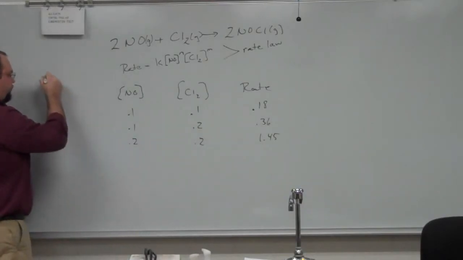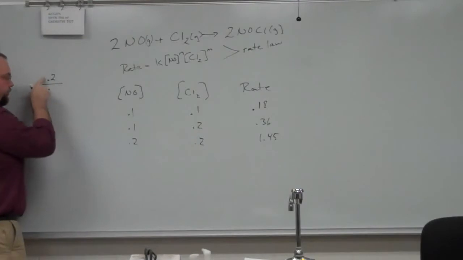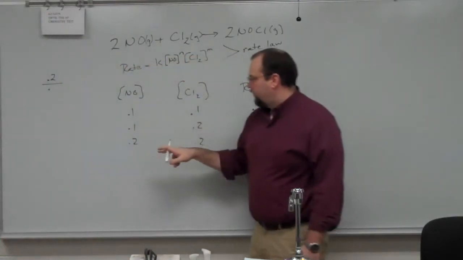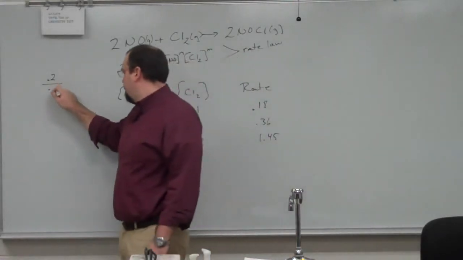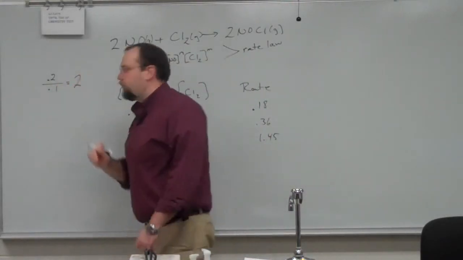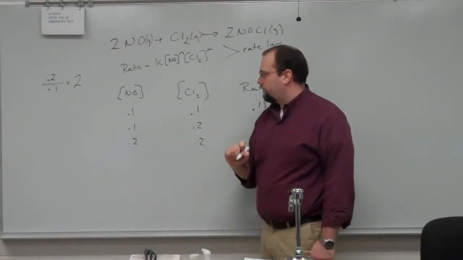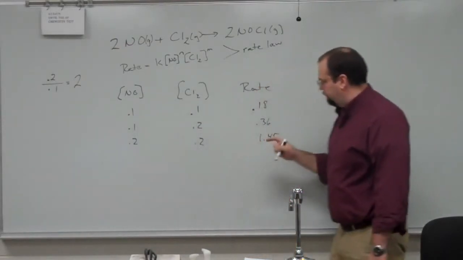In trial 3, my NO concentration is 0.2, and in trial 2, it's 0.1. That's an increase of 2-fold, 0.2 over 0.1. But now we need to look at the rate.